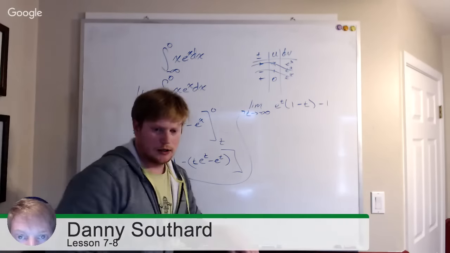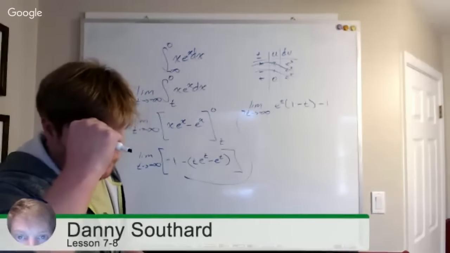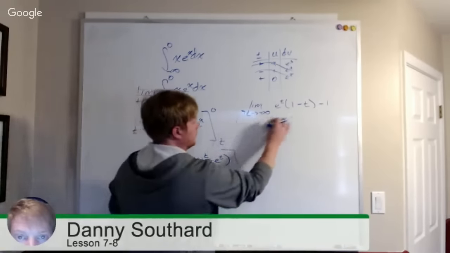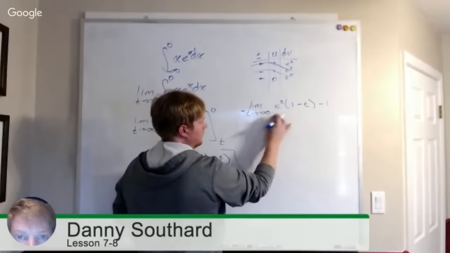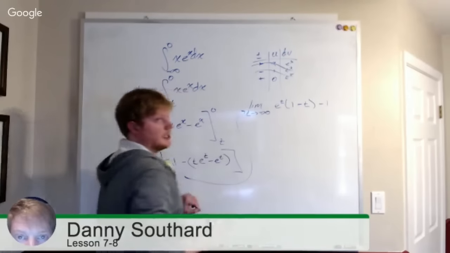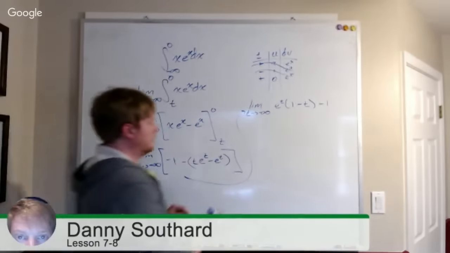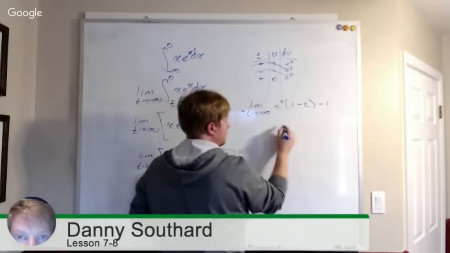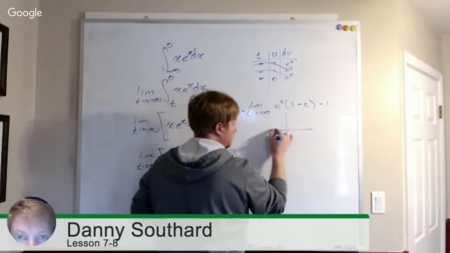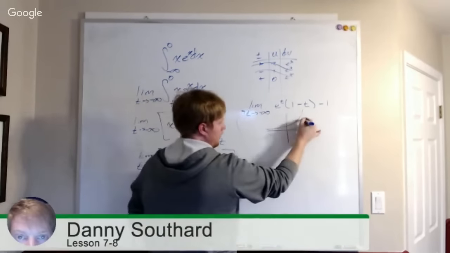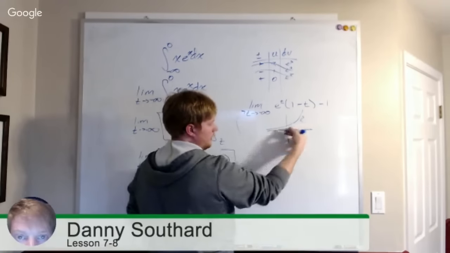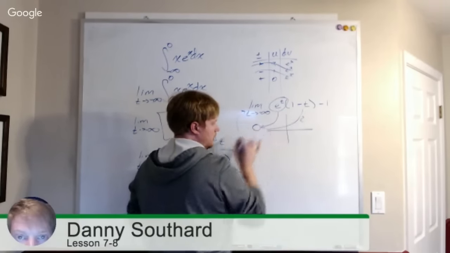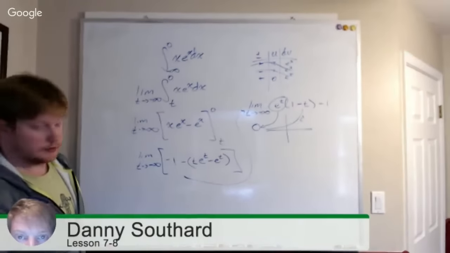Okay. So let's see. e to the negative infinity is 0, right? Because e to the x looks like that, and as we go to negative infinity, this goes to 0, right?